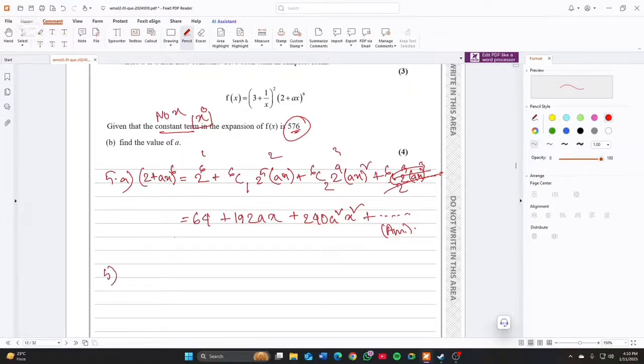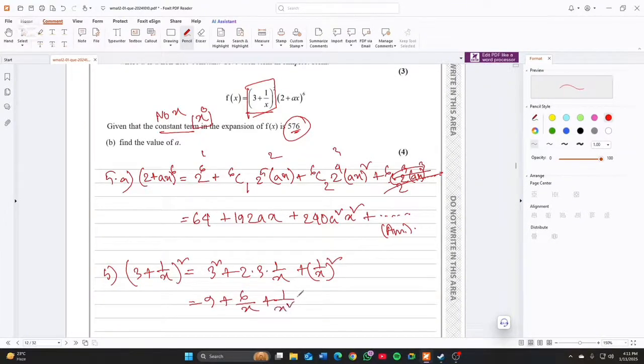This is easy. We just expand this function too. So 3 plus 1 by x whole square would be, we just put in the formula for a plus b whole square. So 3 square plus 2 times 3 times 1 over x plus 1 over x whole square equals 9 plus 6 over x plus 1 by x square.